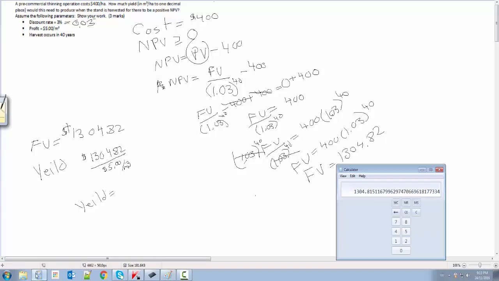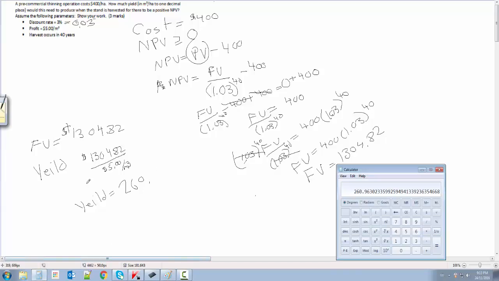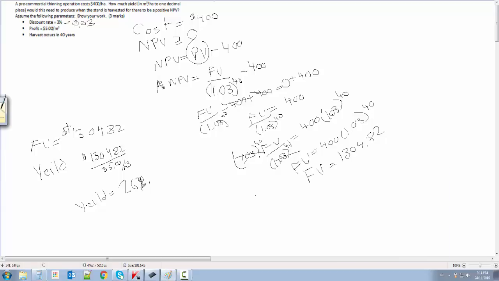Yield equals, using our handy dandy calculator here, divided by 5 equals 261.0. It says one decimal place in our assignment, so that's 261.0.